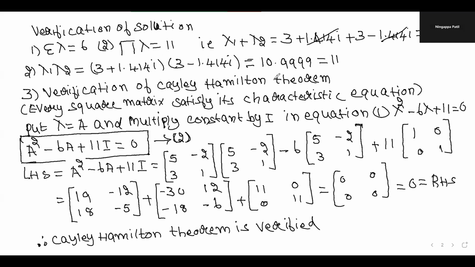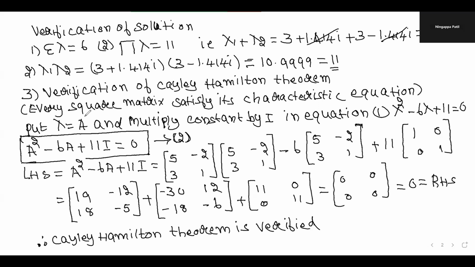This brings the calculator to complex mode. Then you enter 3 plus 1.414i, close the bracket, in another bracket 3 minus 1.414i, and close the bracket. Equal to button, you are getting it in the calculator, and this is rounded to 11.